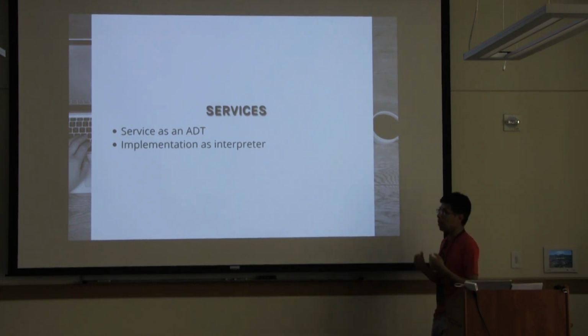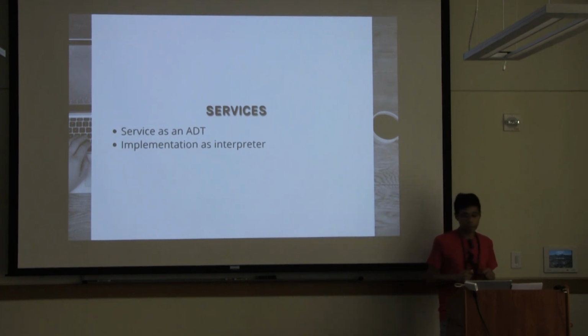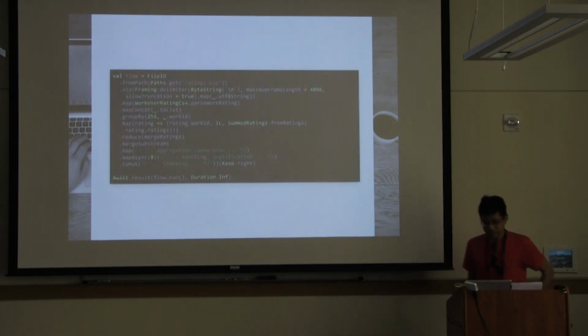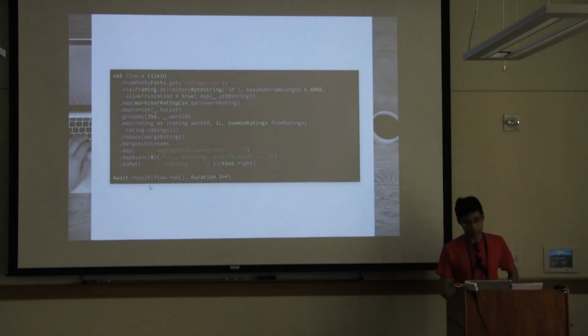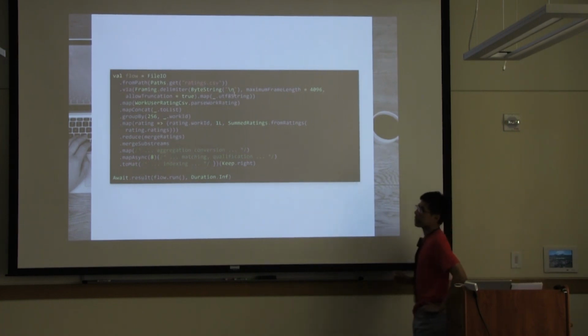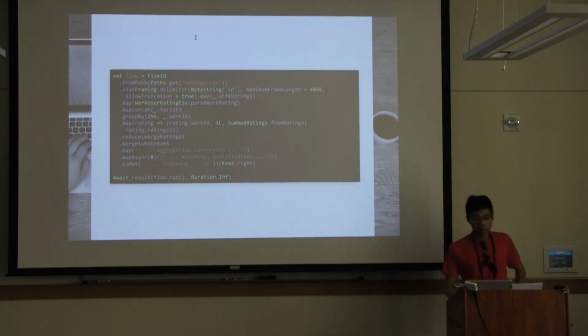For example, we have an Akka Stream function, and this Akka Stream function does a lot of things. You can see right here that we have a lot of technical Akka technicalities. We have to use a specific Akka API to load the CSV file.